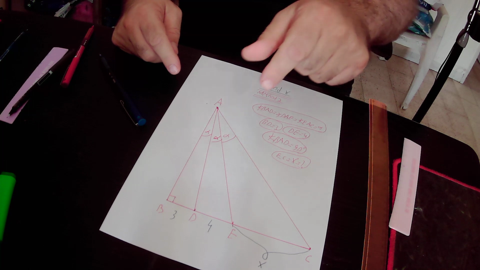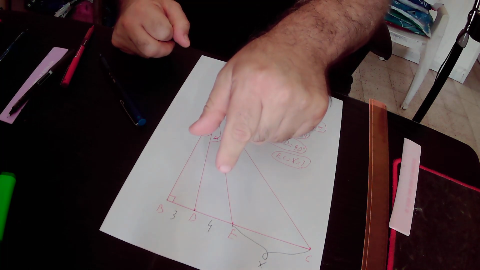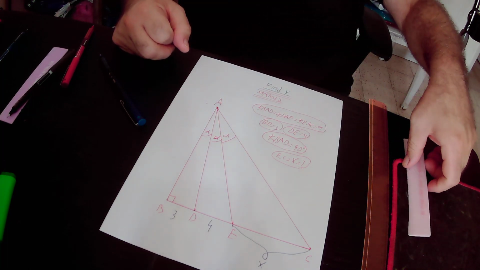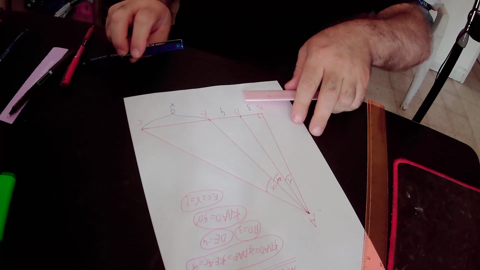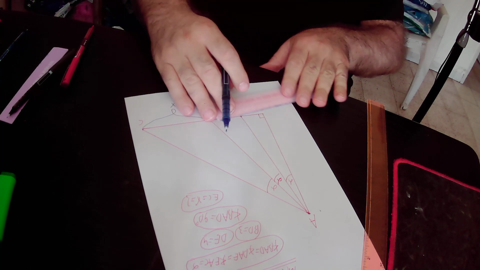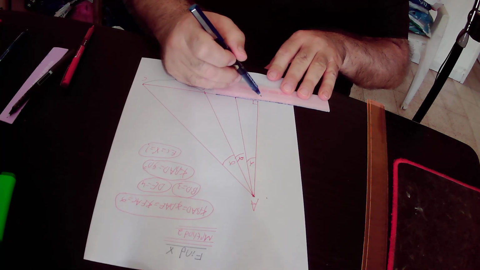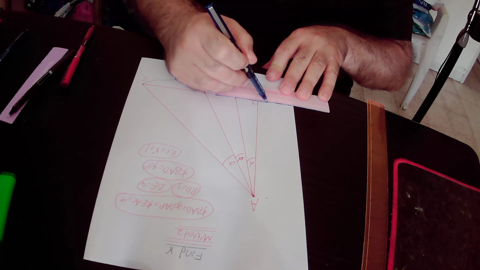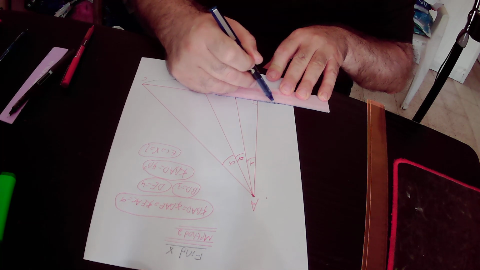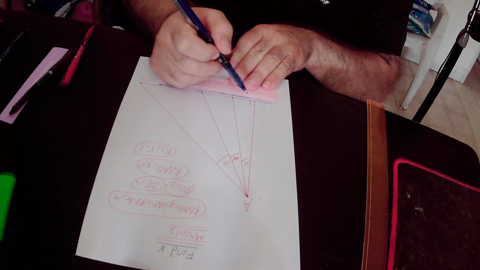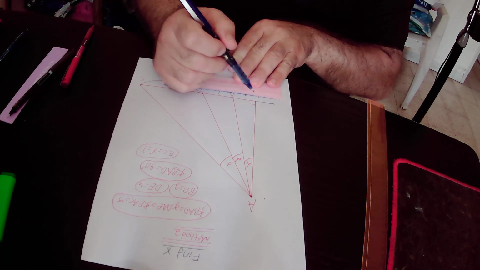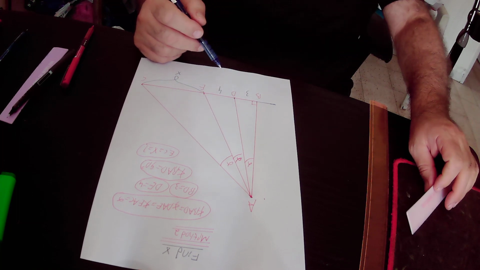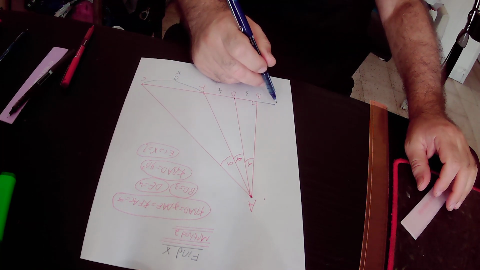We will extend side BD by 3 units, and we will define this point as point M.